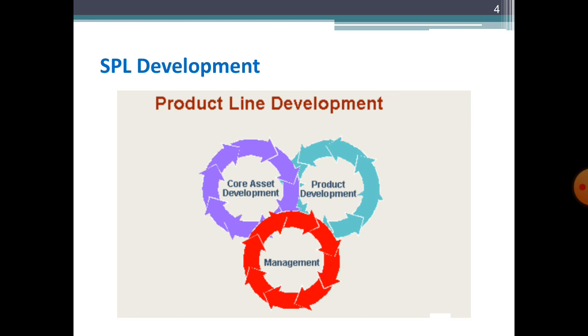So after the product development, the management provides the cohesive or interacting force between these two constituencies, the core asset development and the product development. So basically these are the three different stages, development phases or constituencies of product line development.